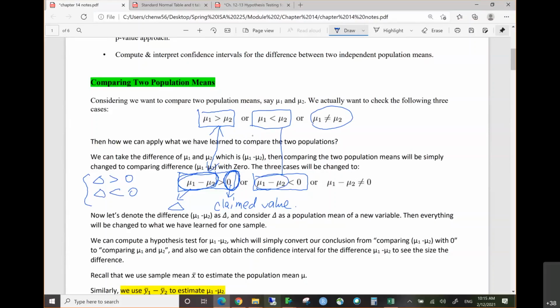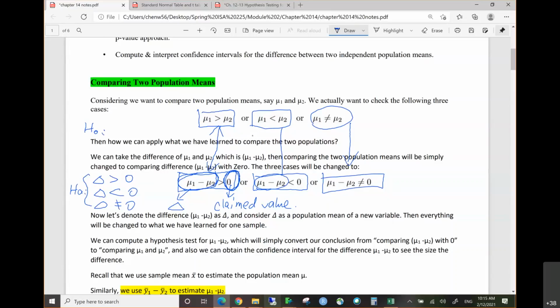Similarly, we want to test whether these two population means are different or not. Then we can test whether the difference is not equal to 0. So it will be delta not equal to 0. And then of course this is the alternative hypothesis.